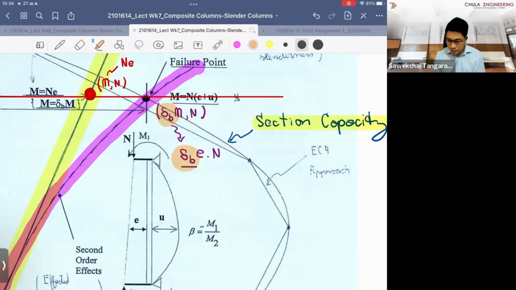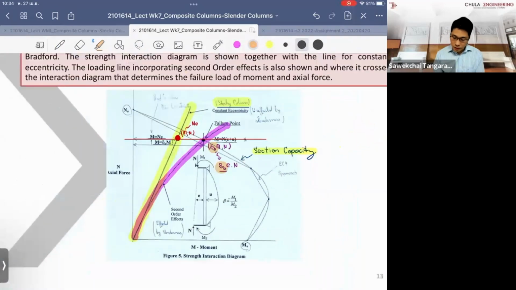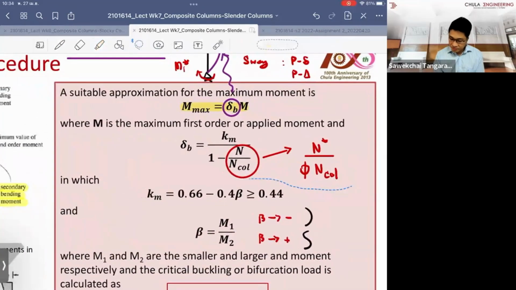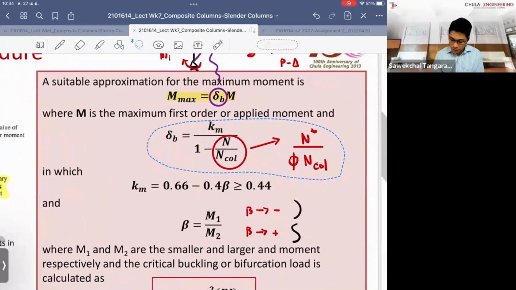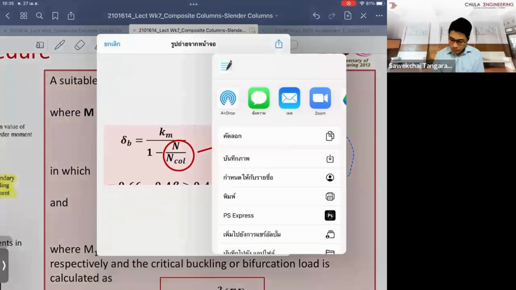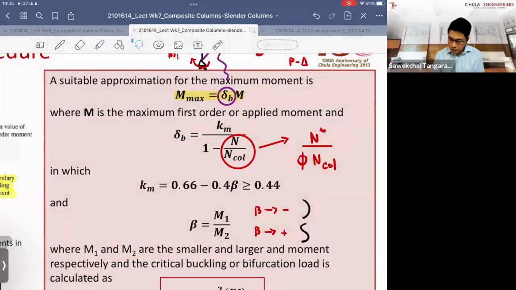So you have to multiply by it here. And the calculation for the moment magnifier has been described by this series of calculations.